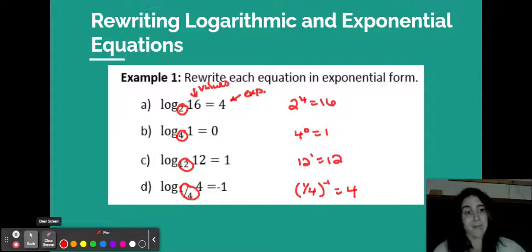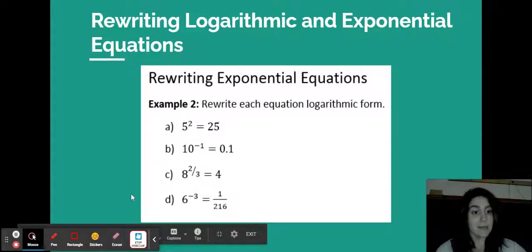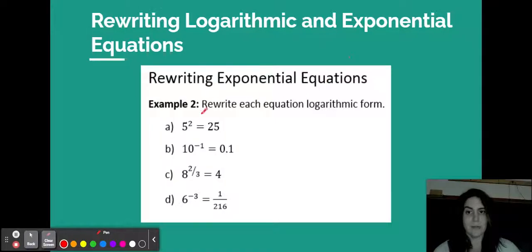And we can go vice versa. I can take an exponent, or I can give you an exponent, and I can rewrite it as a log if I want to. Again, the thing to make note of is the base. That's the important part, right? Because whatever the base is of your exponent becomes the base of the log.